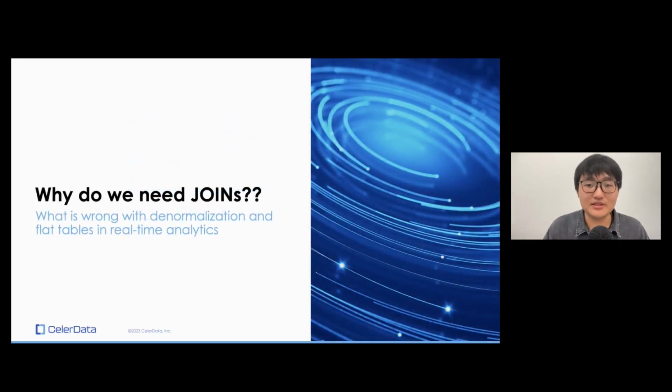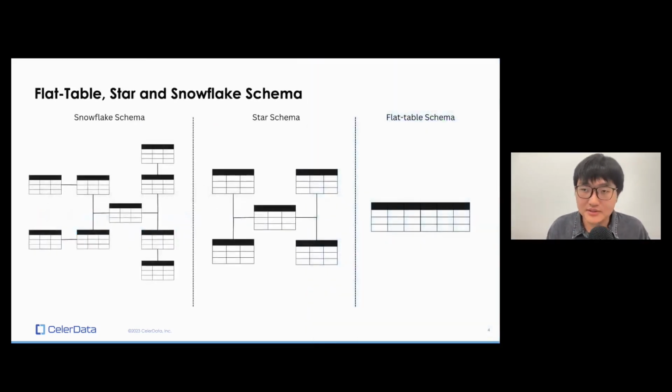So why do we need joins? And why is denormalization kind of harmful, especially in real-time analytics, right? By the time the database management system was invented in the 1970s, it was always a good practice to keep your data in its most natural and original format, right?